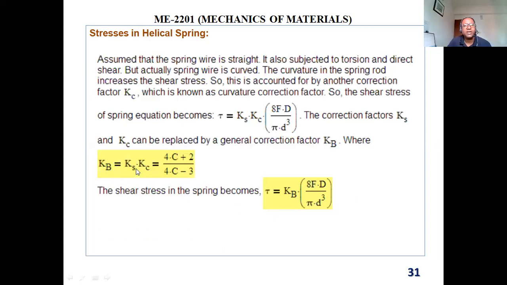So Kb equal to Ks into Kc. So Ks you already know, then figure out the Kc. But right over here, we don't need it because in our formula, these two are combined and represented by the constant Kb. And directly figure out from here Kb equal to this one.